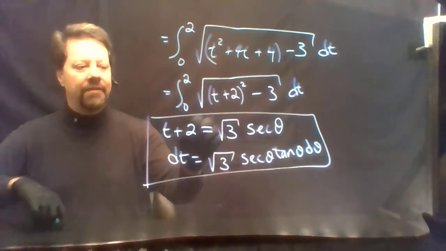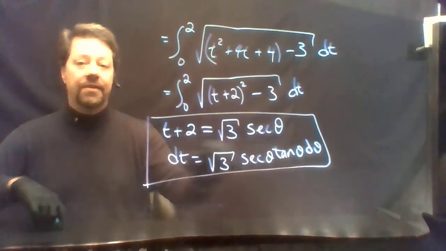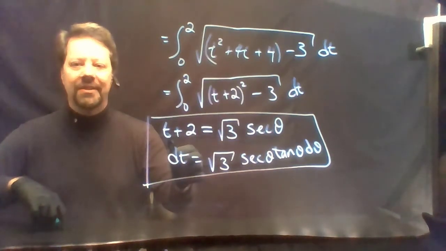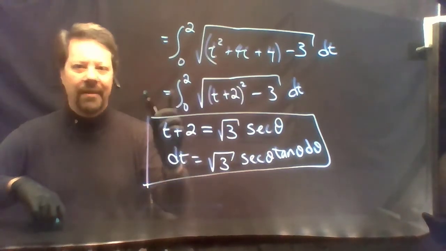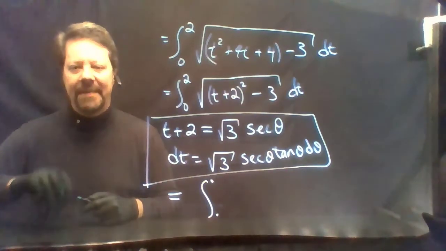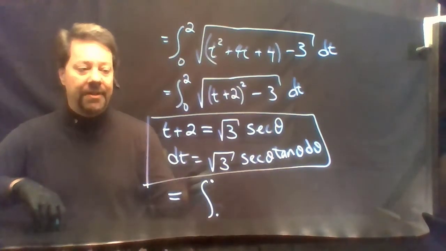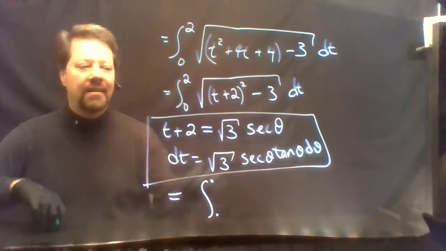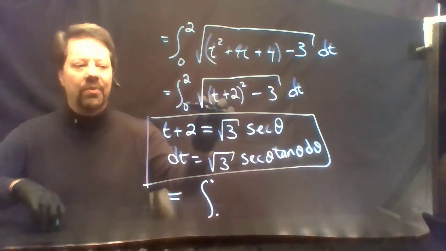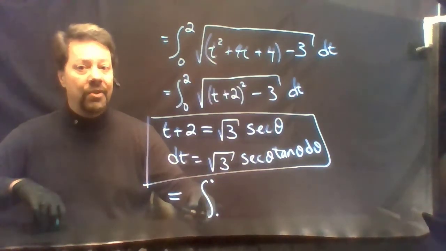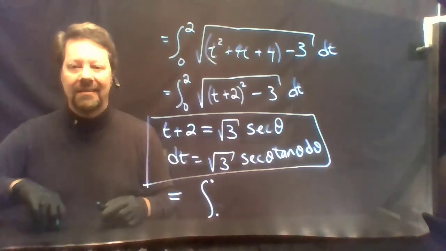Usually, we convert the limits of integration using the first equation for the substitution, though that doesn't give you a very good simplification for t equals 2. So instead, we're going to transform the integral as the integral from dot to dot. That means I'm ignoring the transformation of the limits of integration, and I'll convert back later. Whenever I do that, I don't want to write 0 to 2, because with respect to theta, those new limits of integration are not 0 and 2.